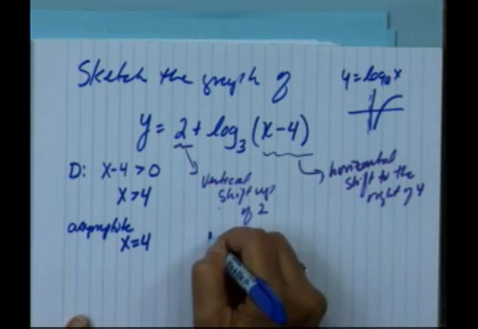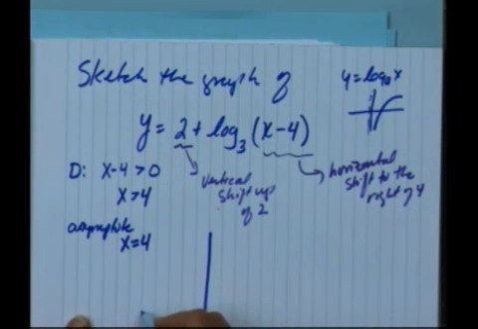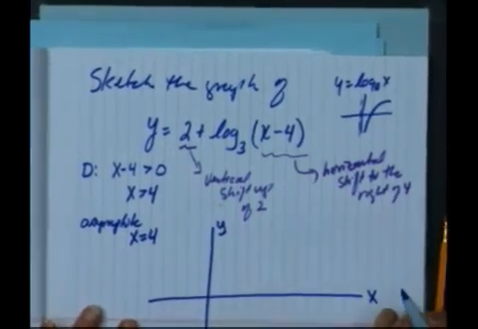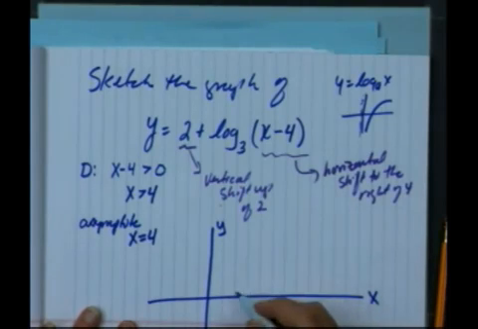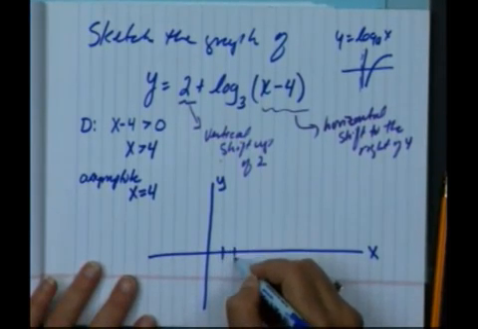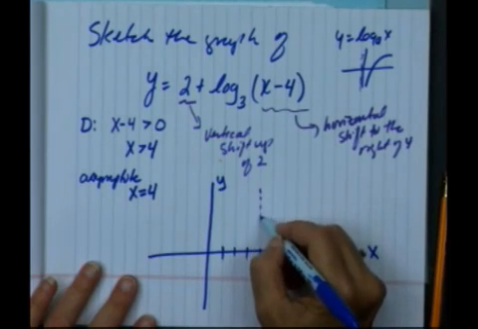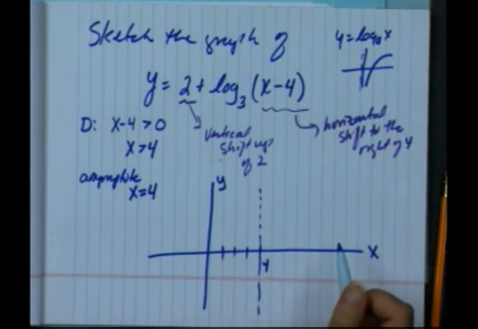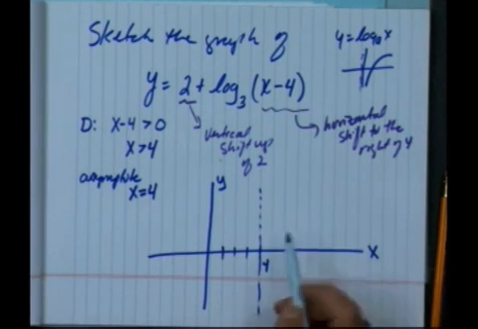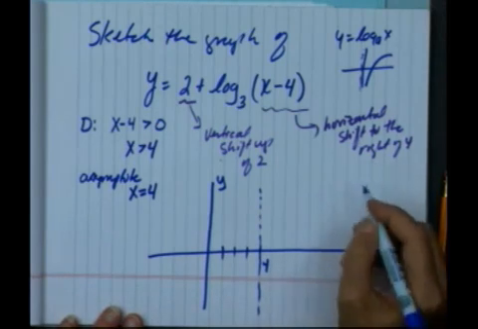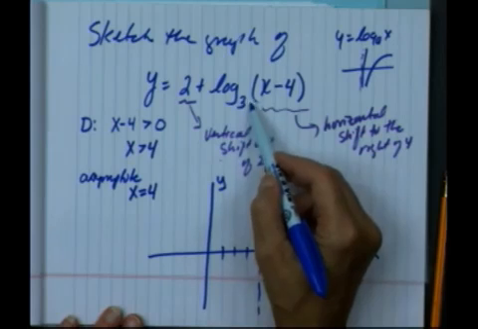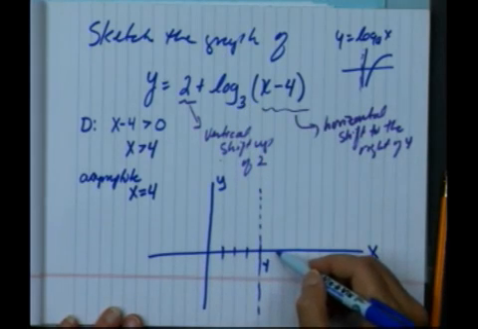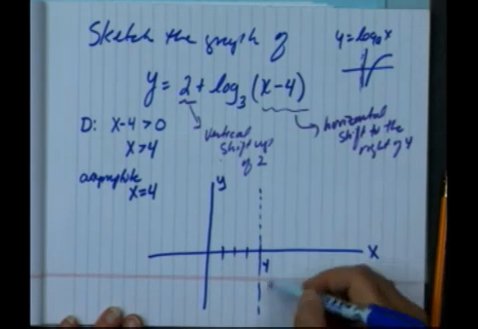Okay, let's see if we can sketch the graph. These are usually really easy to do once you've got your basic graph in mind. Okay, we're going to shift everything to the right 4. There's my asymptote. All right. And so first, if I graph y equals log to the base 3 of x minus 4, it would go through the point 5, 0. It would just come around like this.